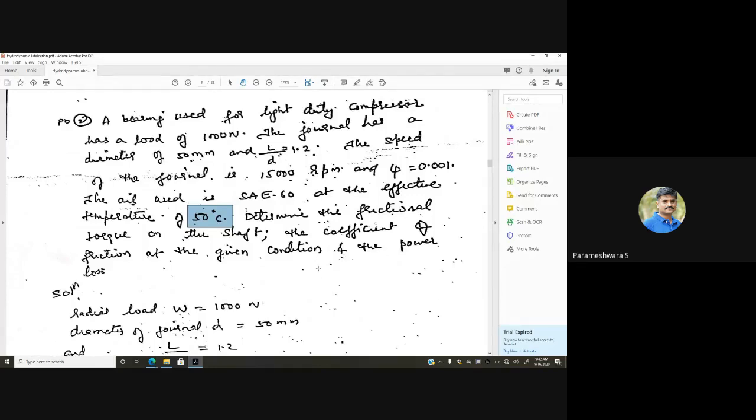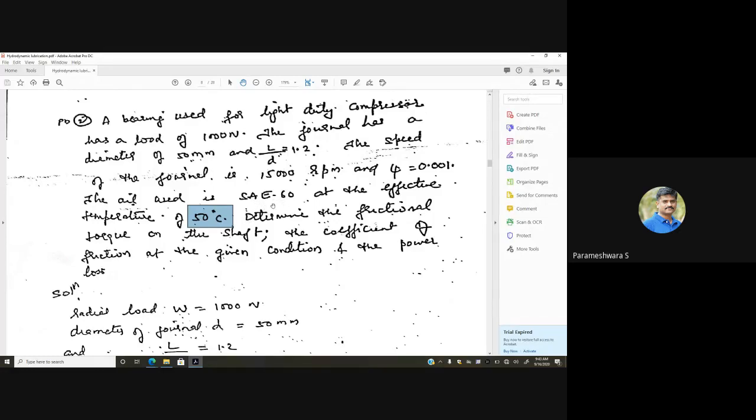In the previous semester, in Design of Machine Elements 2, we had a chapter on lubrication and bearings. There we studied how to extract the viscosity value for a given lubricant whose grade is given, SAE 60, and the temperature is also a must.